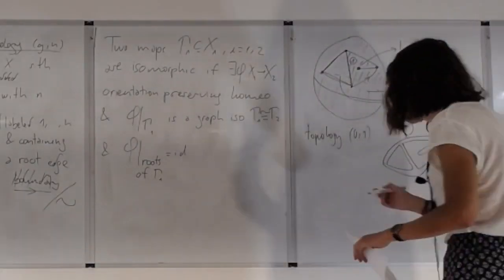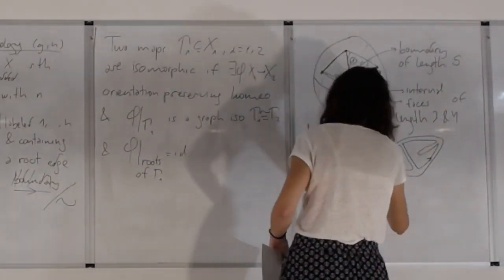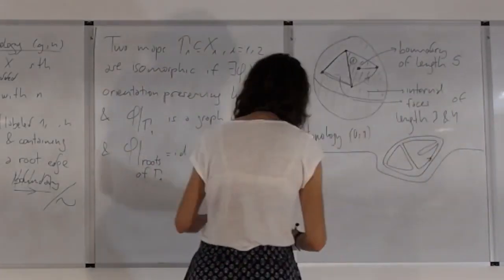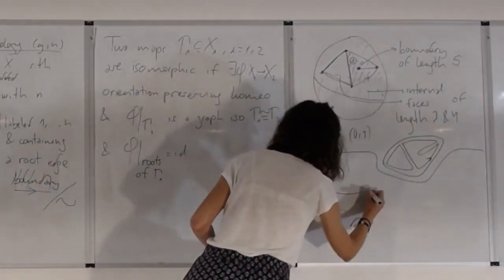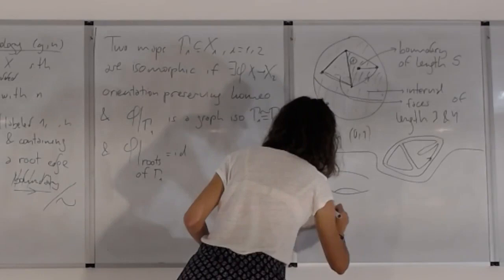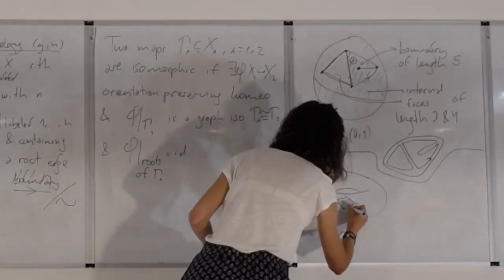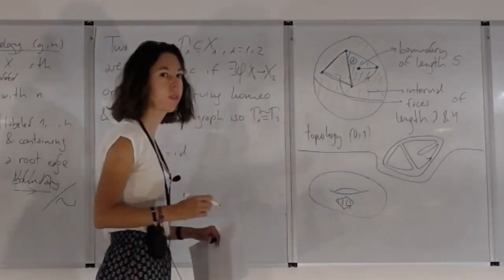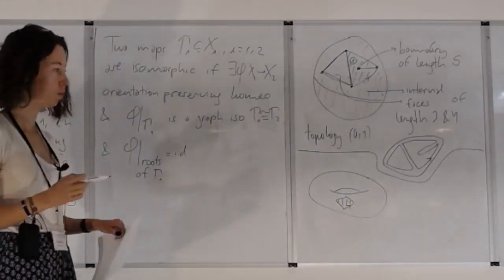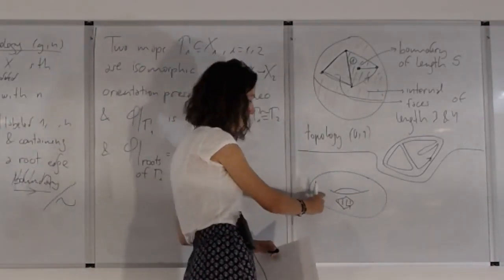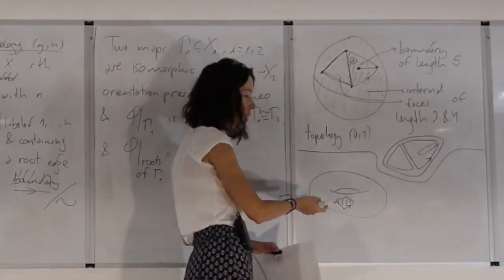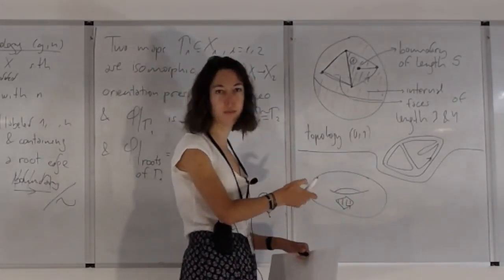Now let's go to a higher topology. If we draw something like this, this is not okay, because the face that is outside the square is not of the topology of the disk. Okay, so this is not a map.